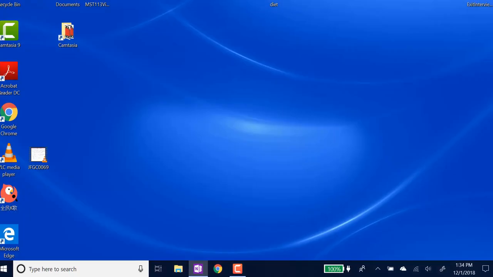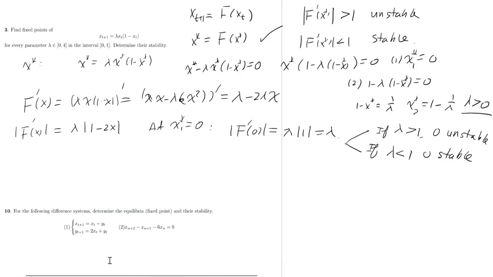Now let's look at the other point, x star is equal to 1 minus 1 over lambda. So we plug it in, then we have f prime of x is equal to lambda times 1 minus 2 times 1 minus 1 over lambda.